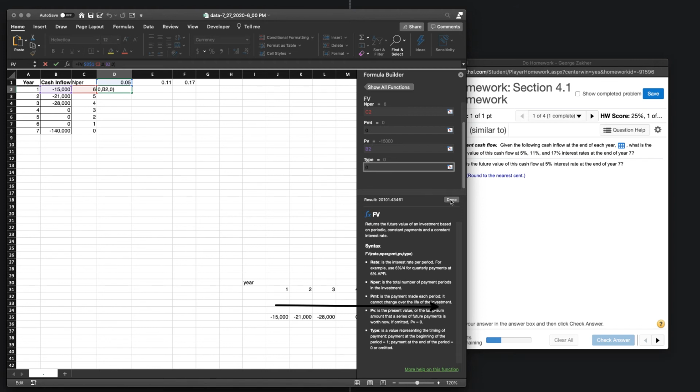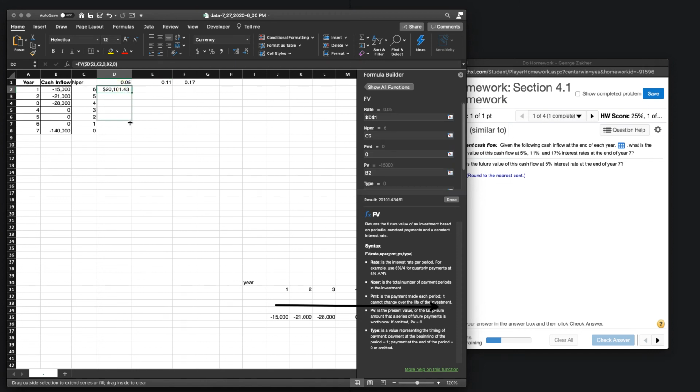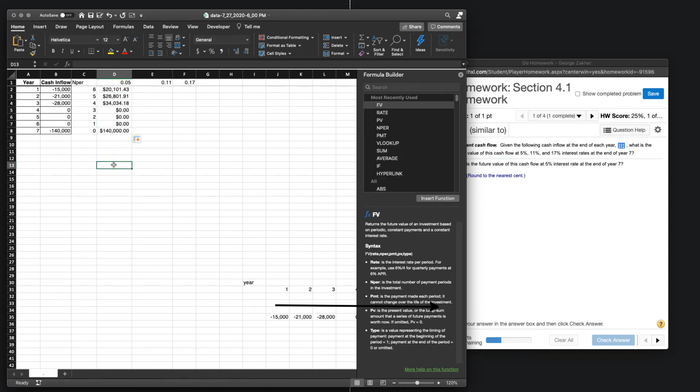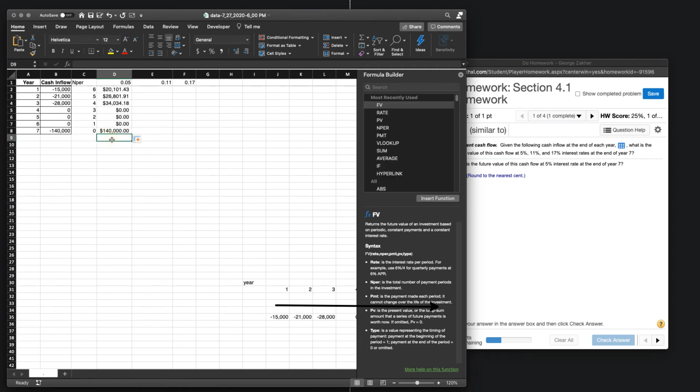A good sign is that you see the 140,000 should be the same, because again, no time has gone by. So the present value is also the future value in year 7. Once we have all of the future values of each cash inflow, we can sum or total them up, and that will give us the future value of the cash inflow at 5%.